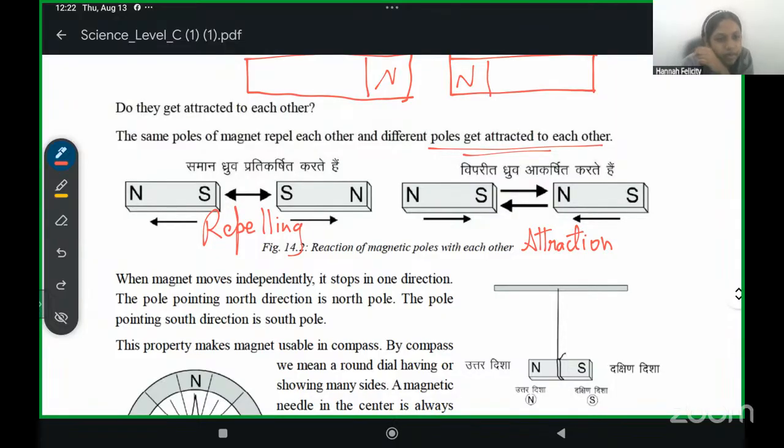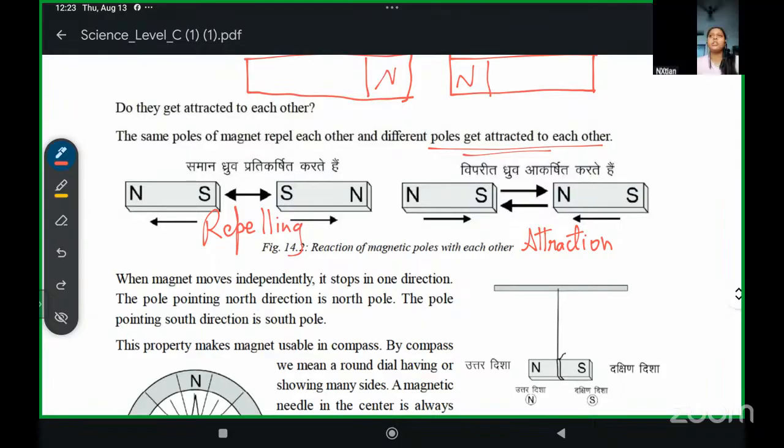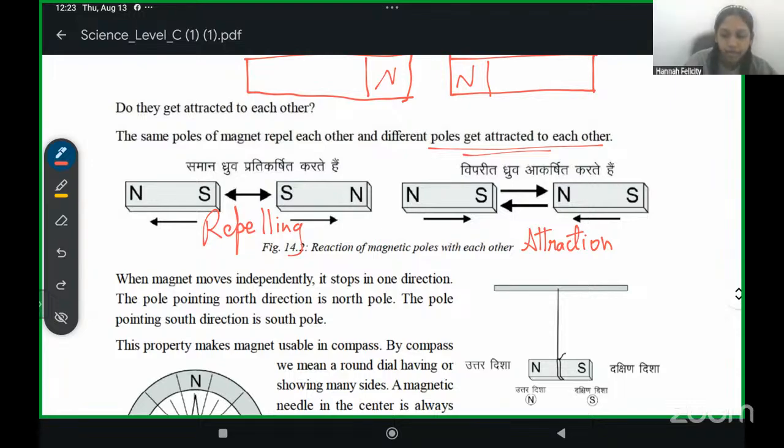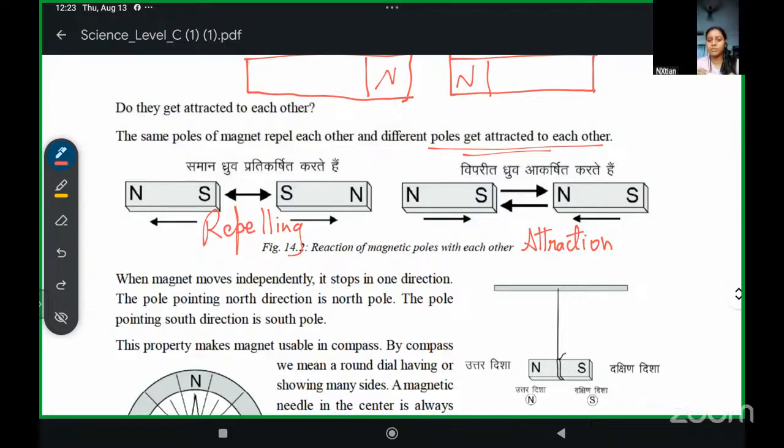Ma'am, but how do we know which is which? See, on some magnets it is mentioned. On some magnets, you will need to bring two magnets together and check. When they are converting the magnetite into magnets, they test this.